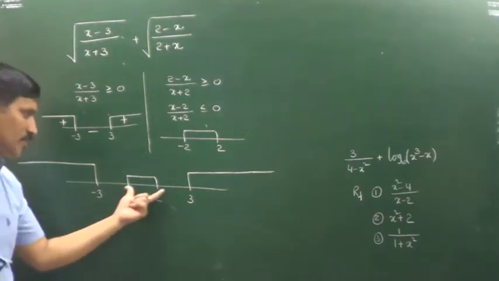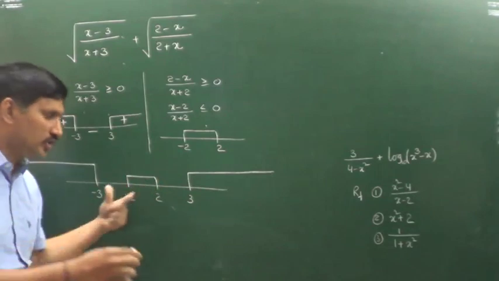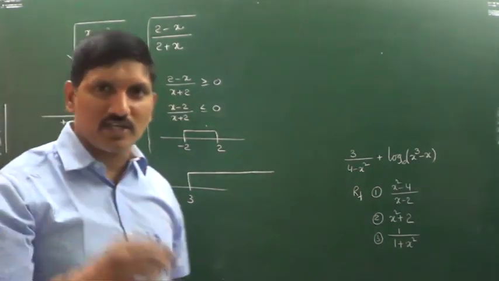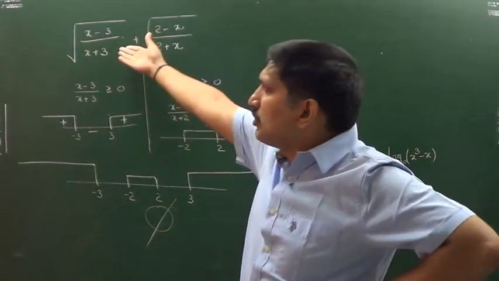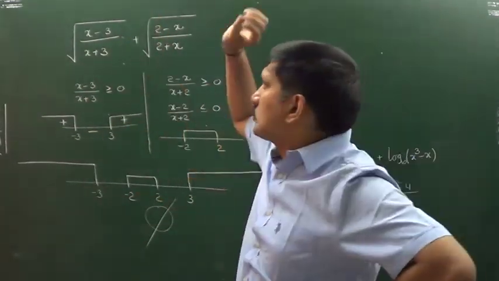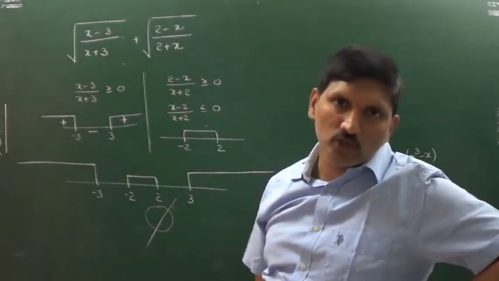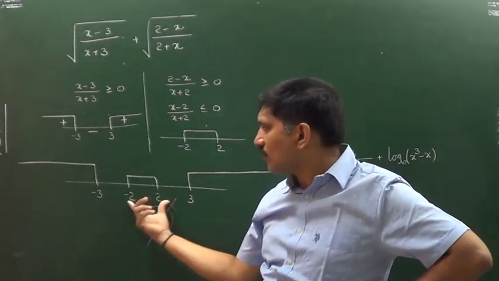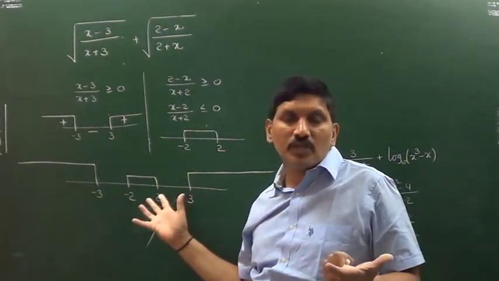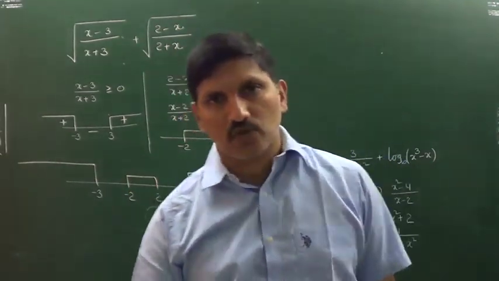Is there any common portion for this one and this one? No common portion. There is no value of x. Any value you give here, it won't satisfy. That's why this function is not defined for any x value, because this is the domain of one function, this is the domain of the second function, and there is no intersection. That's why the empty set is the answer for that particular question. Okay.